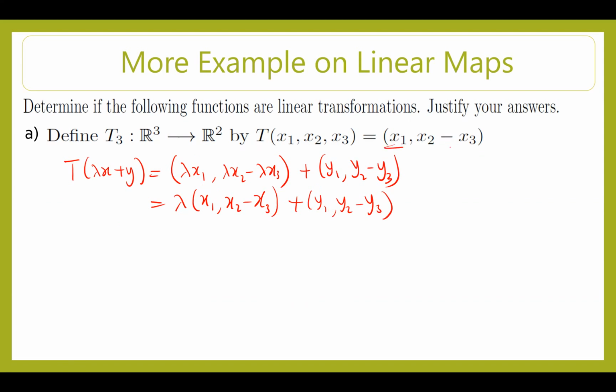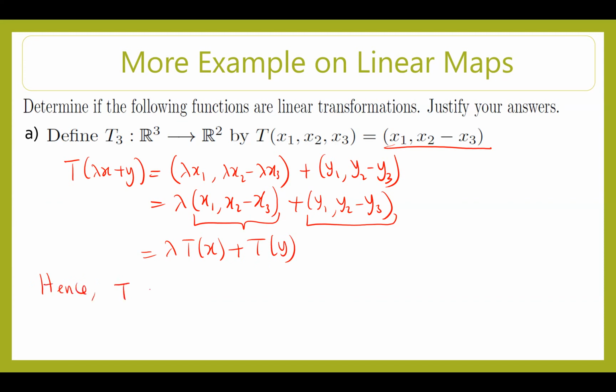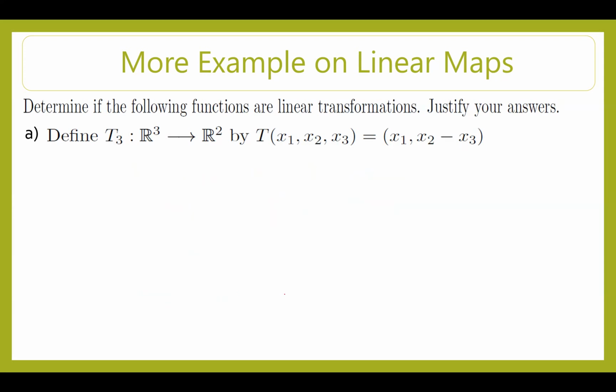And based on the definition, again, this one here is T of x, and this guy here is T of y. So since I'm able to show that, then T is a linear transformation from R3 to R2. Right? Next question.